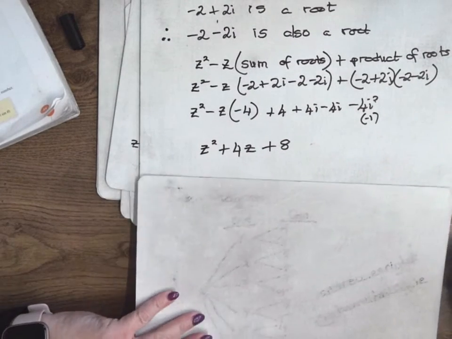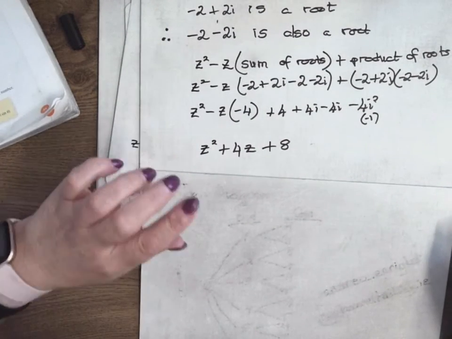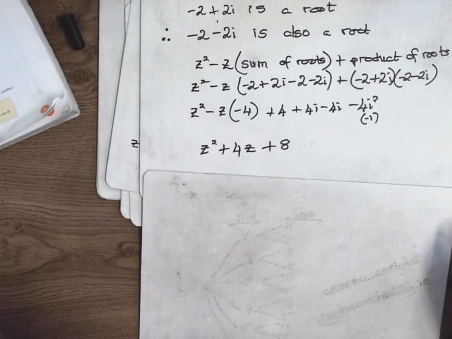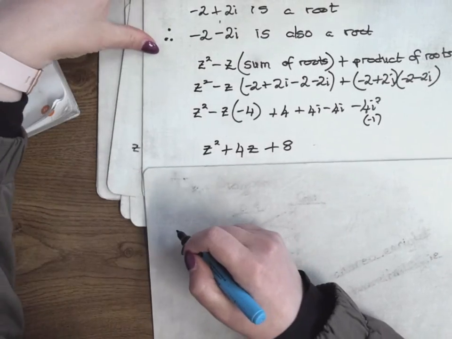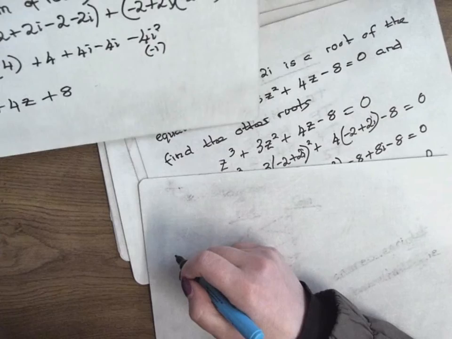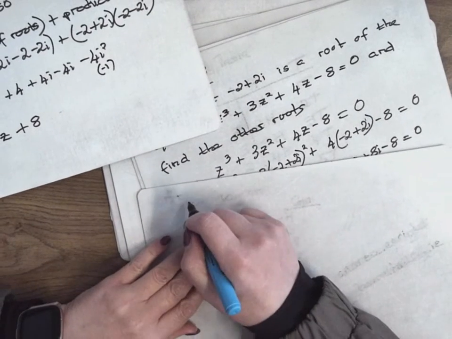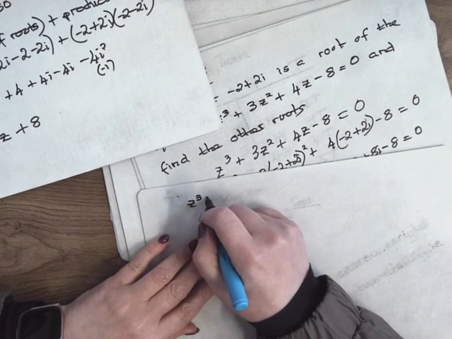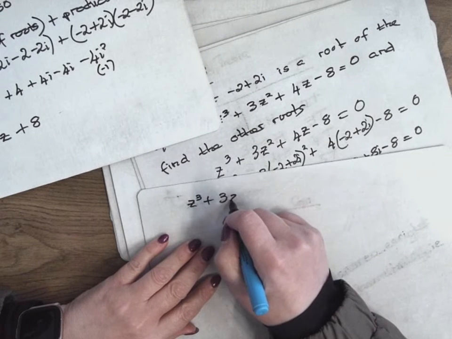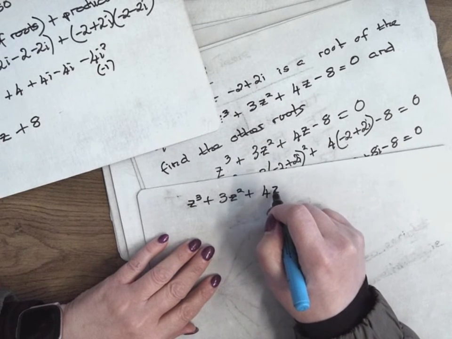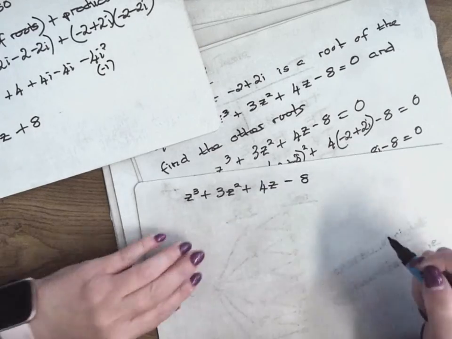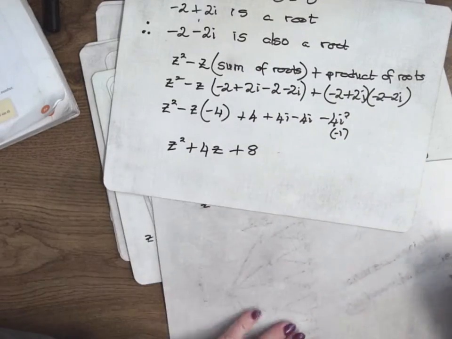Right, so I have a quadratic, but they wanted me to solve a cubic. What'll I do now? Divide, right? So my original cubic was z cubed plus 3z squared plus 4z minus 8.